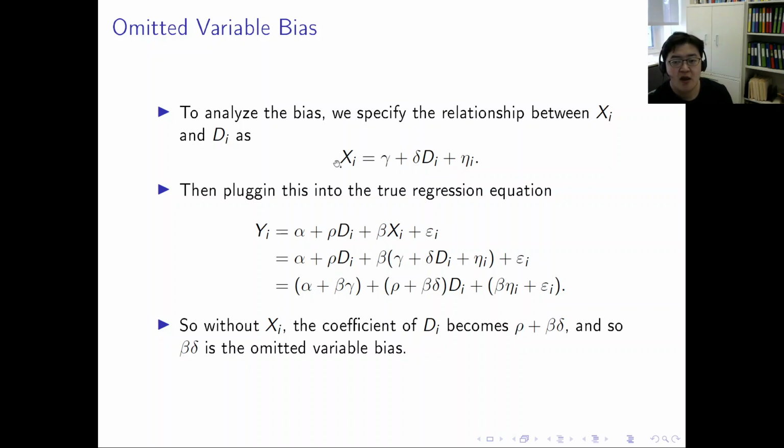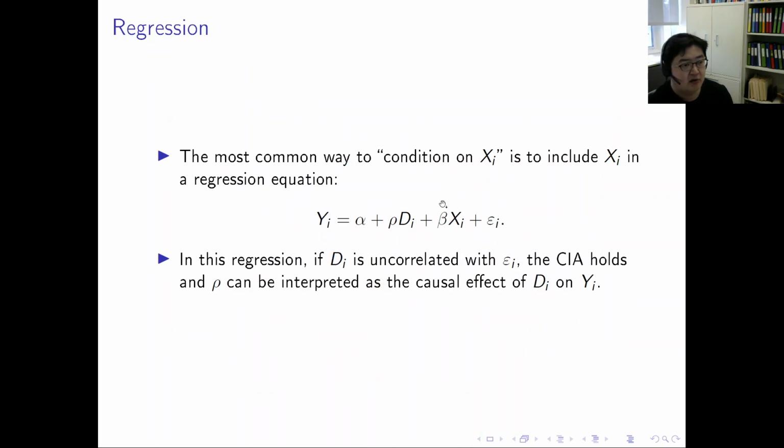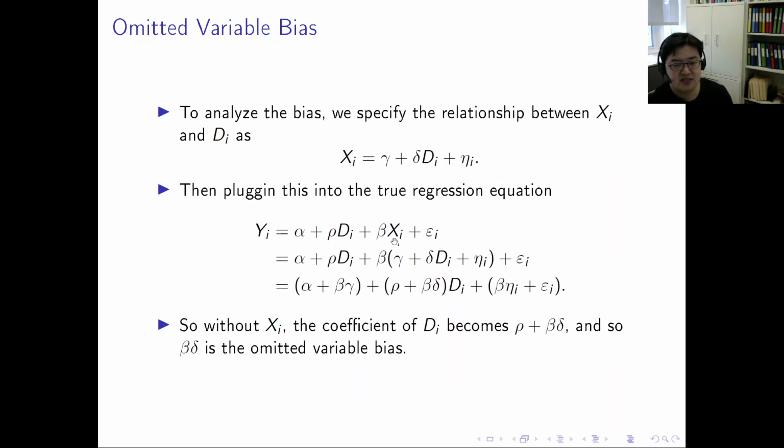Then plug this equation back into the ideal regression equation, and you get this equation. Pretty simple, right? This is the true original ideal regression, and x can be written in this way. Then I will rearrange this equation into a constant, plus a term factored by d, and then the error terms eta and epsilon.